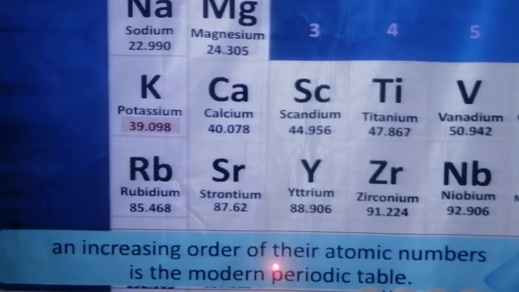What is the modern periodic table? An arrangement of elements in increasing order of their atomic numbers is the modern periodic table.